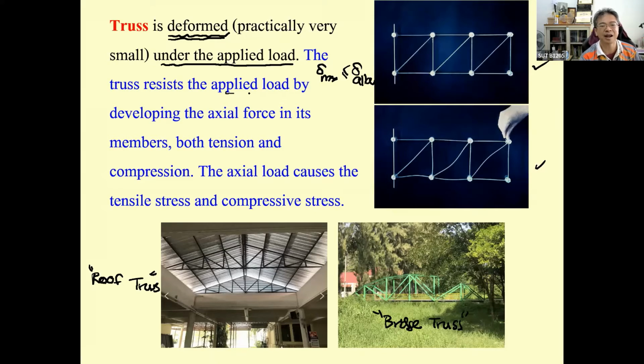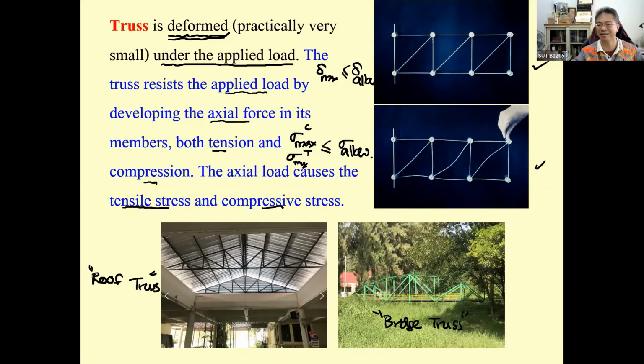And then the applied load also develops tension or compression that will cause tensile stress and compressive stress. So the maximum stress, okay, one in compression, another in tension, must be less than or equal to sigma allowed.